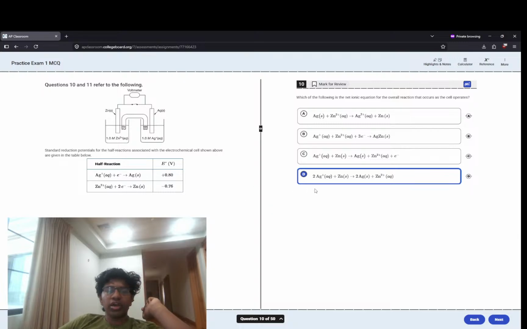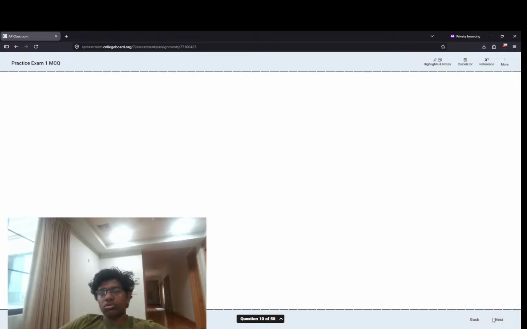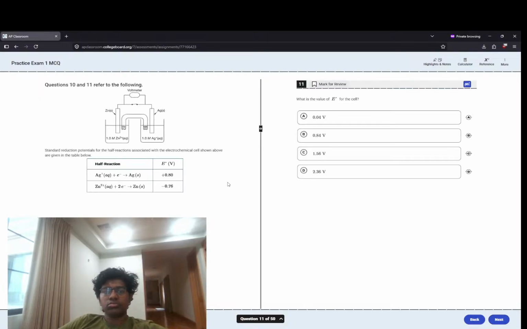You reverse this little guy. It's going to equal Zn2+ plus 2H. It's just the right answer. So just by reversing this, I've never been the best at math, but it's probably 1.56.